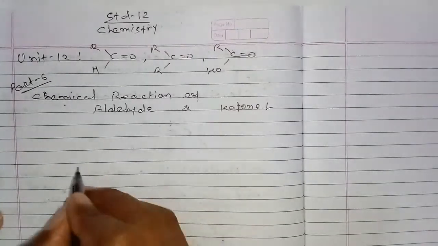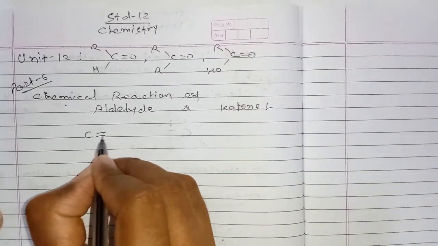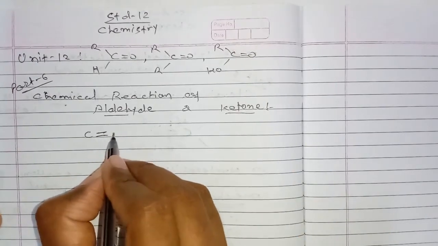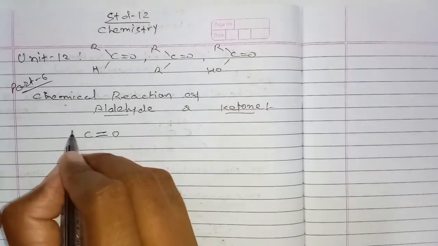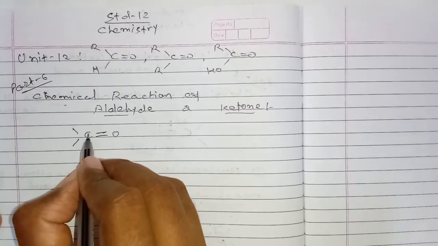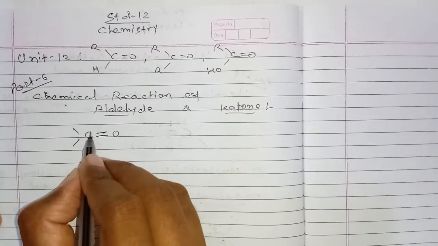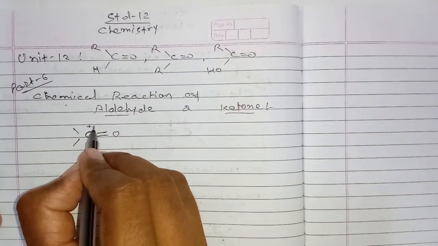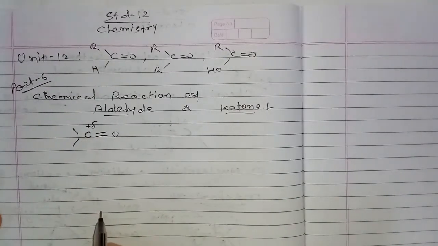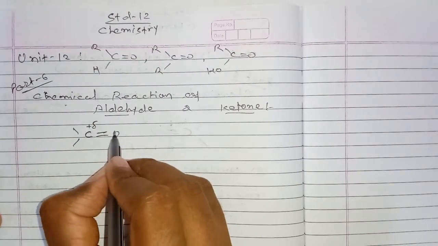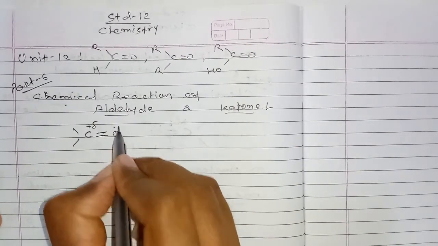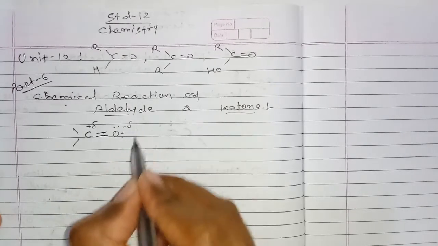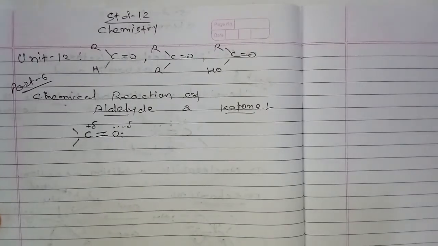Here, the aldehyde and ketone both possess the carbonyl group. The carbon of the carbonyl group is electron deficient and possesses a partial positive charge, and the oxygen of the carbonyl group has two lone pairs of electrons and a partial negative charge.